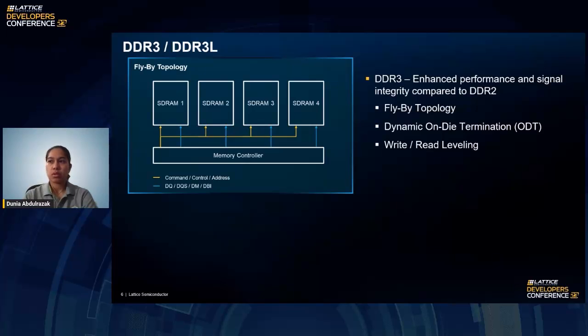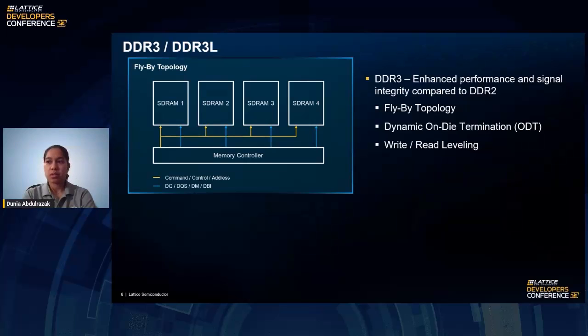The memory controller has a direct line to each of the data lines for each memory module, shown in blue, and the command address and clock signals are in a daisy chain, shown in yellow. This reduces the amount of simultaneous switching noise in the system by skewing the data toggling for each module.